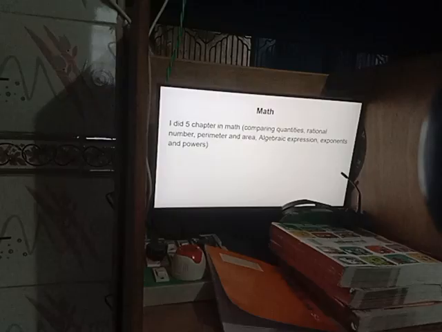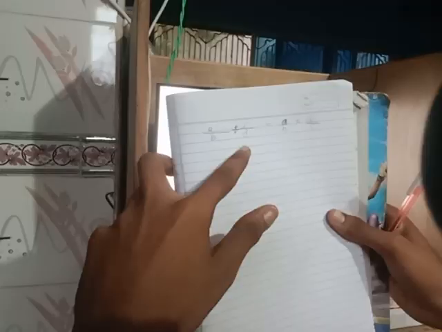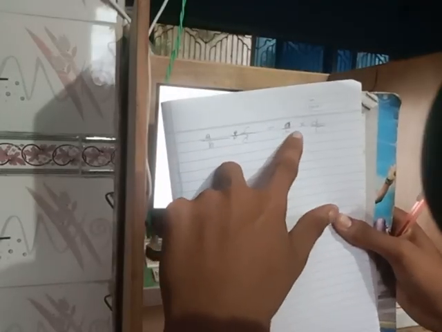a by b divided by c by d. Sorry, divide by c by d, so it will be a by b multiplied by d by c, because c by d becomes its reciprocal.